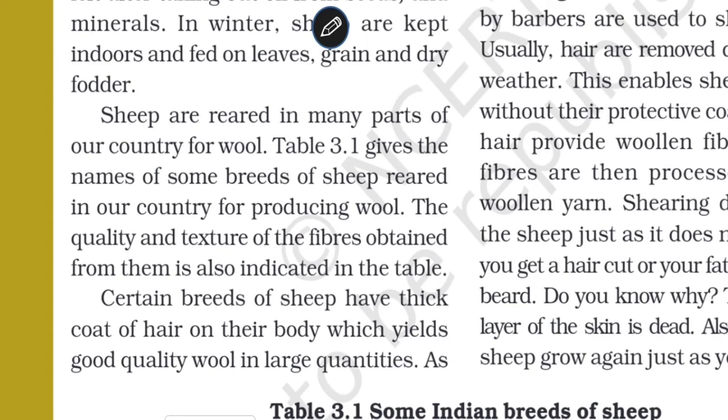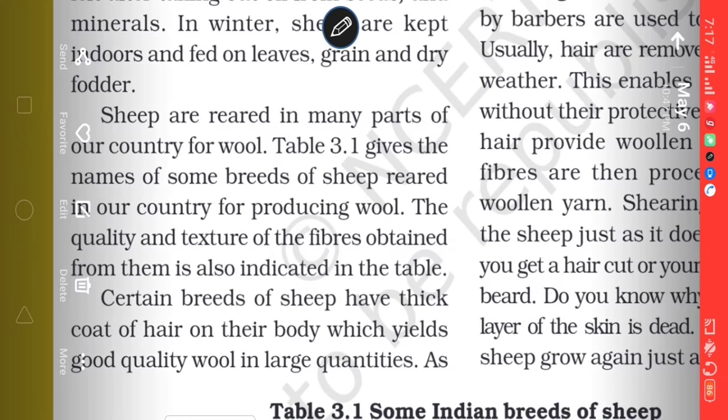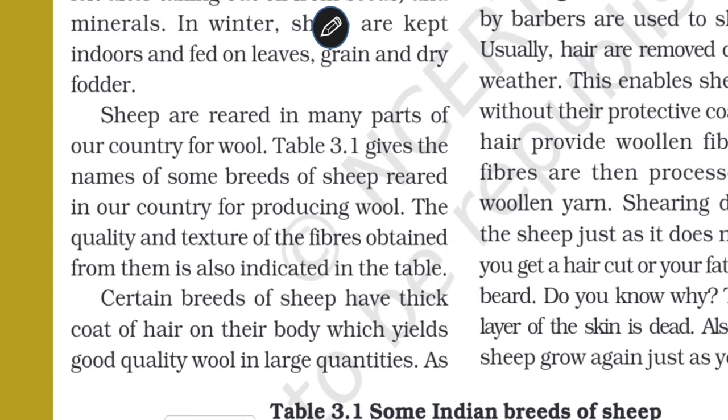Certain breeds means some types or varieties of sheep. Why are we getting large quantity? Because they have lots of hair on their skin, and from there we can get good quality wool in large quantities.